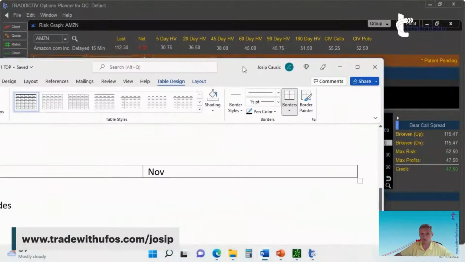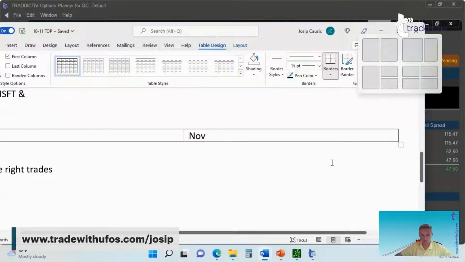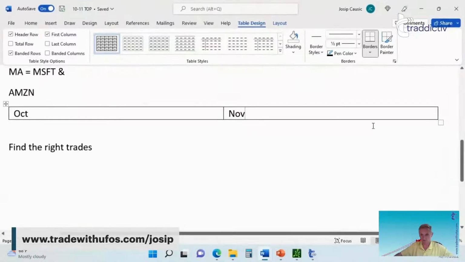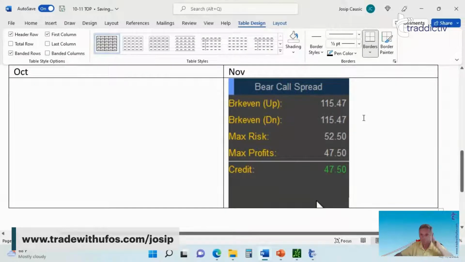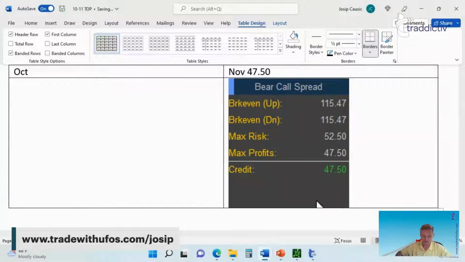that they're giving me the nice premium for November in the amount of, let me just enlarge this so you guys can see it better, well, this particular option goes in the 50 cents. So instead of risking the whole $100, I'm risking only 52.50, but they owe me 47.50 of the credit.